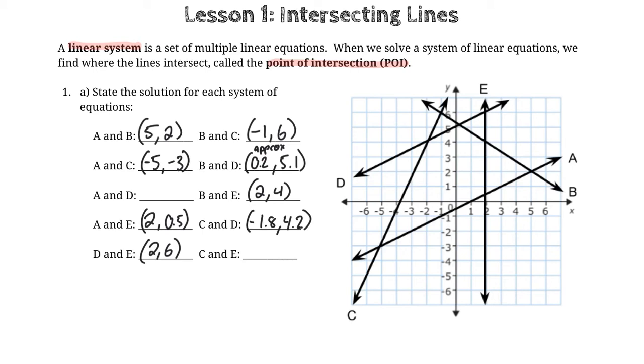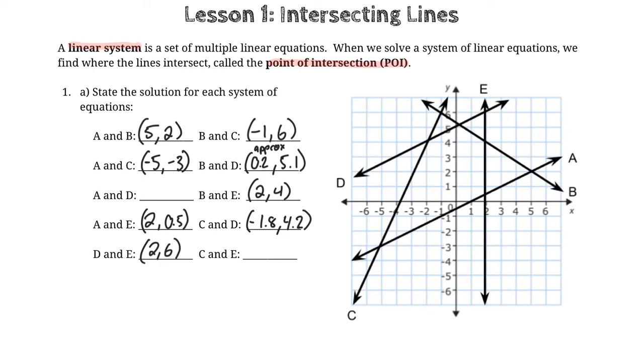And I did the same thing for line A and E and lines C and D. So lines A and E, they don't intersect right at that corner, so we had to approximate that answer there. And C and D, this point right here also doesn't meet at the corner, so you have to estimate your point there.